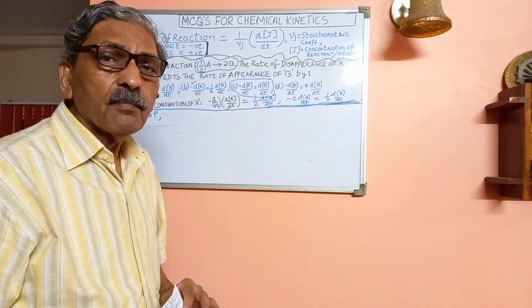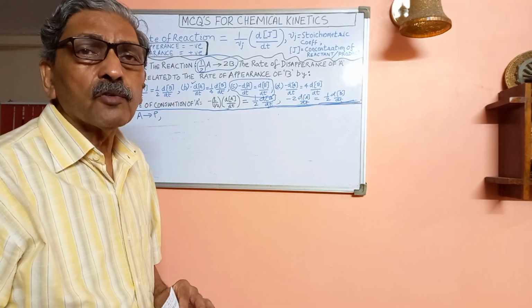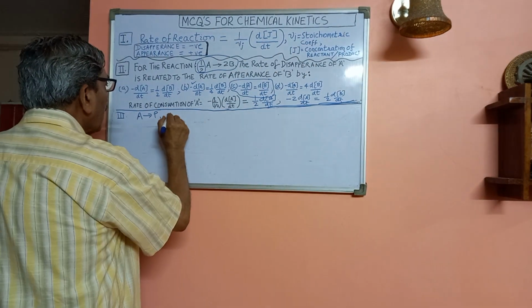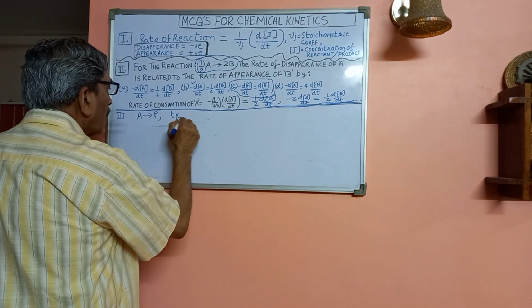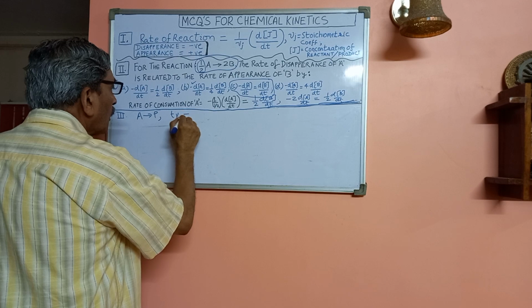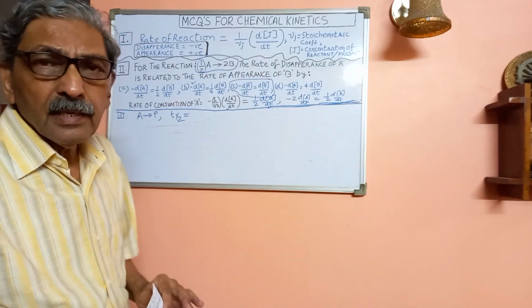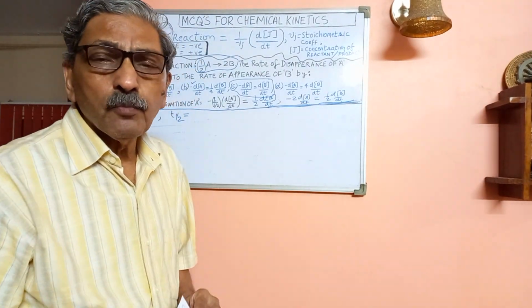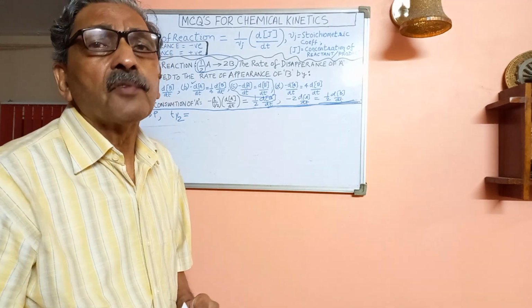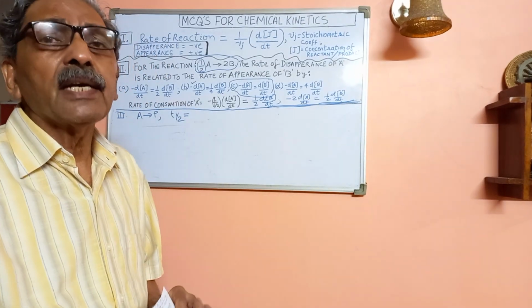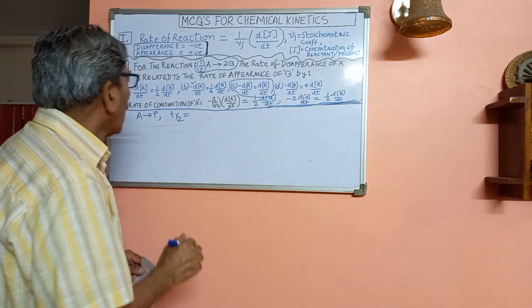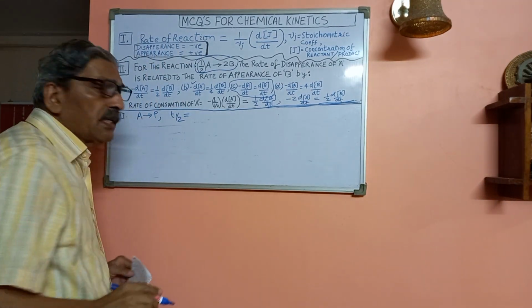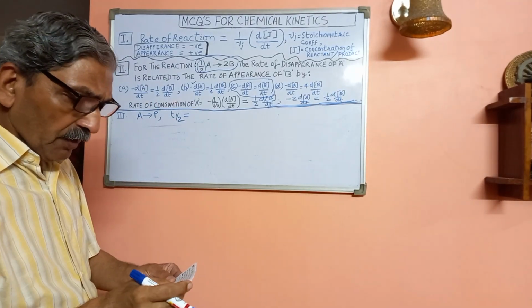And in this matter, we introduce what is called T half. So we say that T half is equal to the time taken by the reaction A going to P when it is half complete. That means the concentration of A has become half. Now in this particular question, T half has already been provided to us.